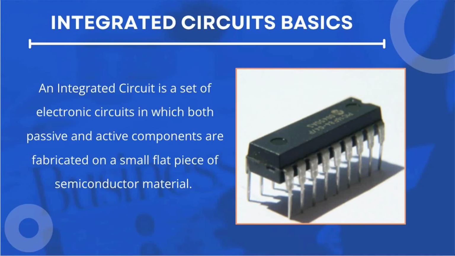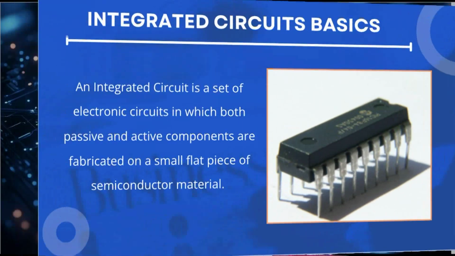An integrated circuit is a set of electronic circuits in which both passive and active components are fabricated on a small flat piece, or you can say chip, of semiconductor material.